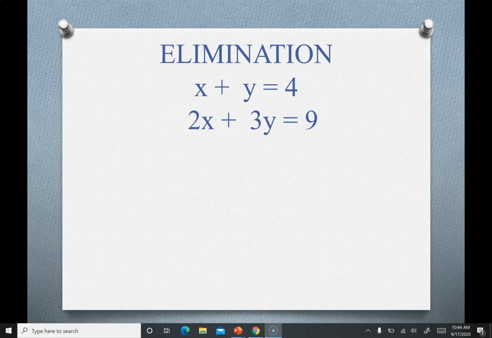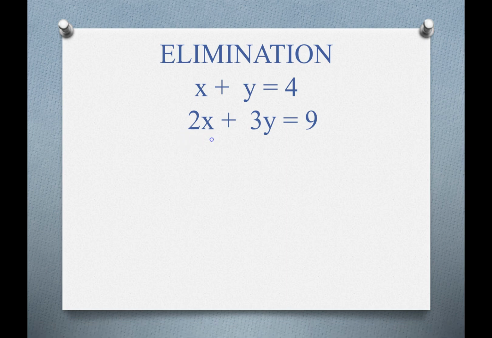All right, at this point we have a harder problem than the last. We can't just multiply by a negative to get rid of something. So you kind of have to think, all right, what could I multiply by to have a cancel? Well, I've got a 2x here, and I would want a negative 2x here, which would mean that I would want to multiply that whole top equation by negative 2.